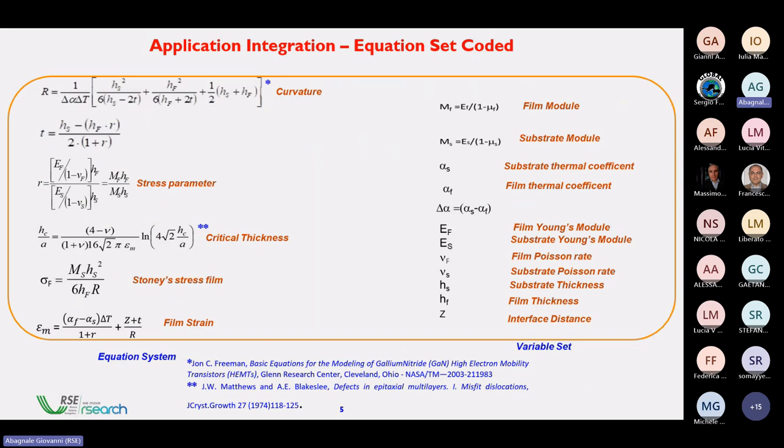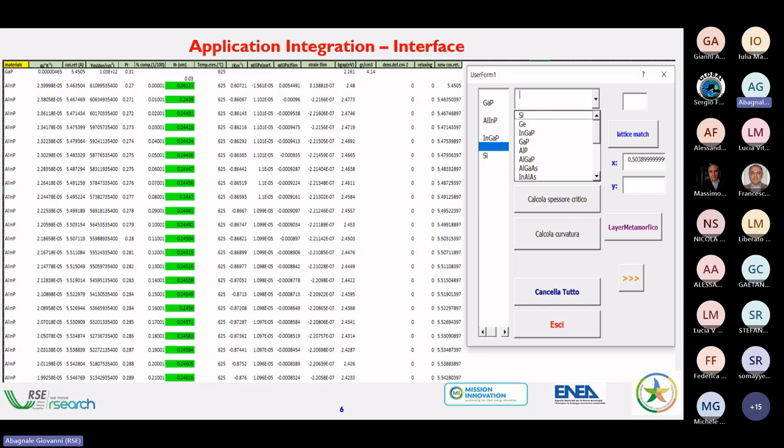In this case, we see that the equation system is quite complicated to solve. In any case, we developed a function coding. This is an example where it is possible to see some parameter information about the material and also information about the structure we can simulate using this application.